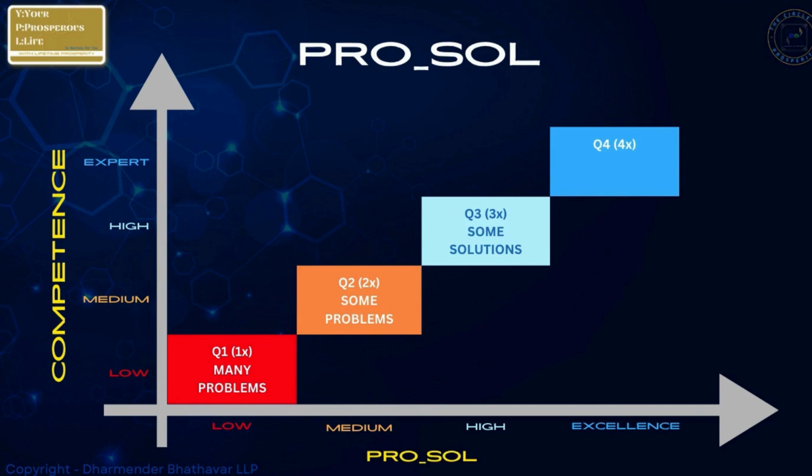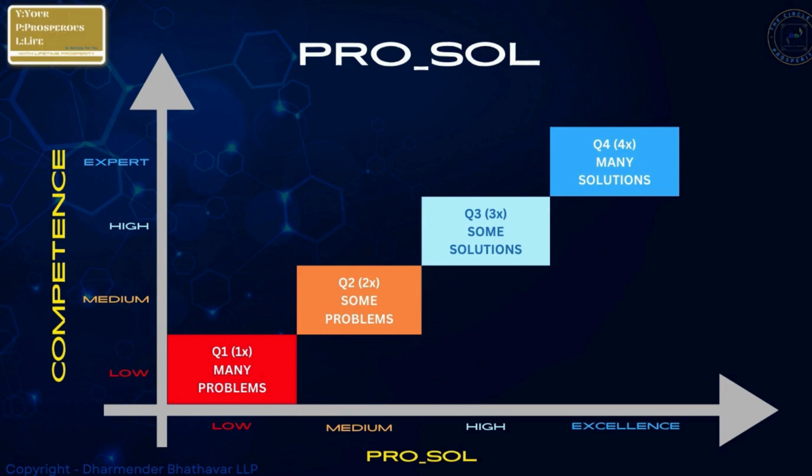But if you place yourself in quadrant 4, that means you have solutions to all the problems that you are going to face. Your competency is at the expert level, and hence your ability to solve problems is also excellent.